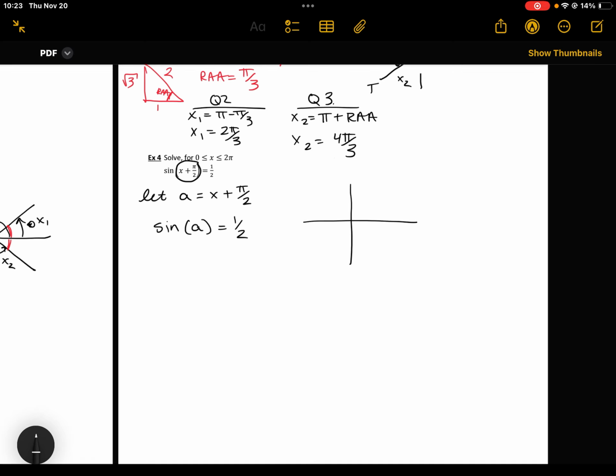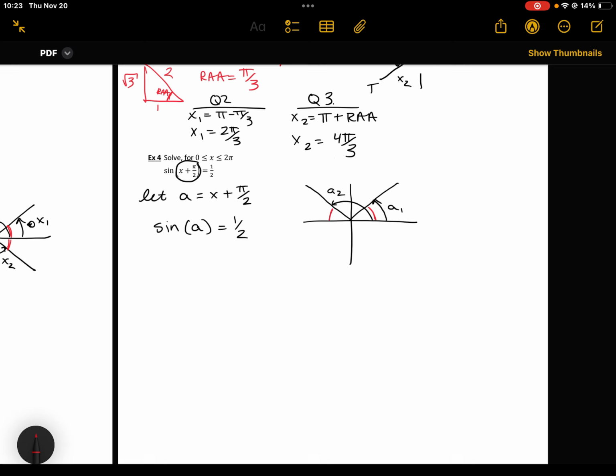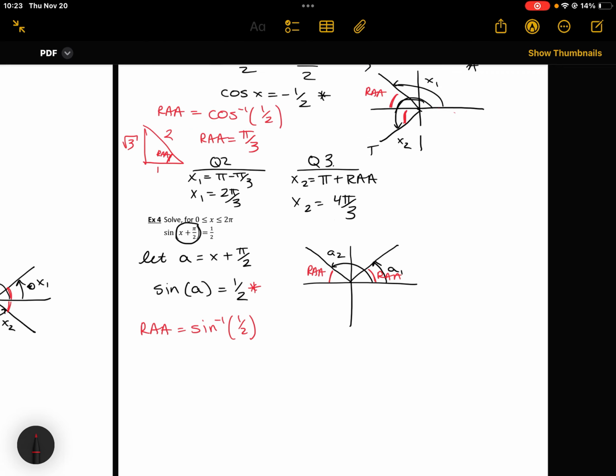I know that my sine ratio is positive, so I've got a solution in the first quadrant as well as in the second quadrant. This is my first A value and my second A value. Both are related by the same related acute angle, which I can find by taking the sine inverse of 1 over 2. 1 over 2 is one of my ratios that's on my special triangle.